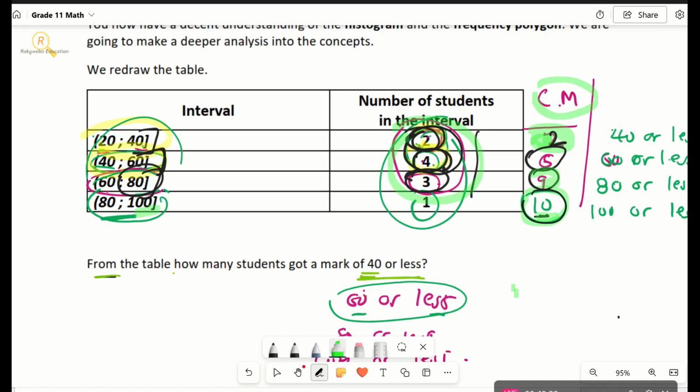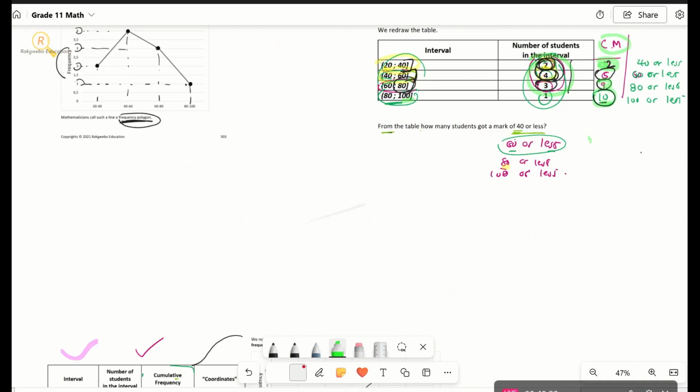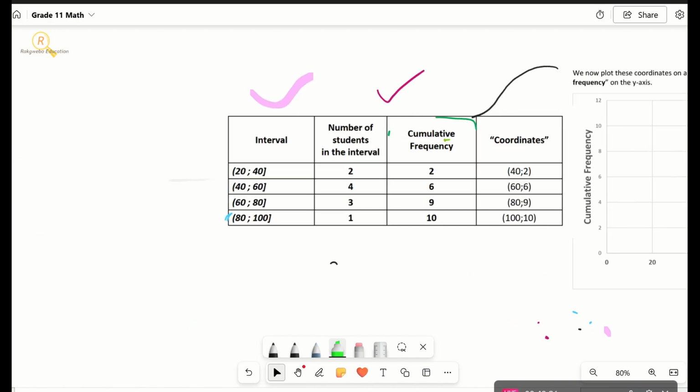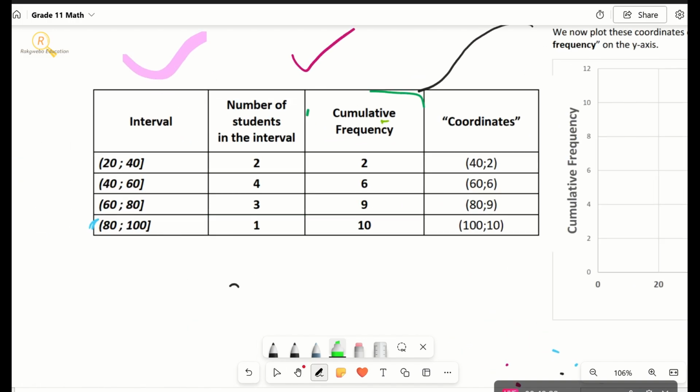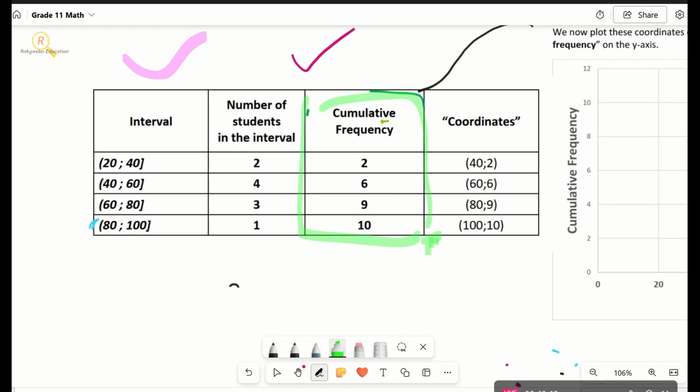And then from this piece of information, let us draw a new graph. Essentially this is a new column, and we're going to draw a new graph from it. How are we going to draw it? The x coordinates of each of the points will be the upper bound.